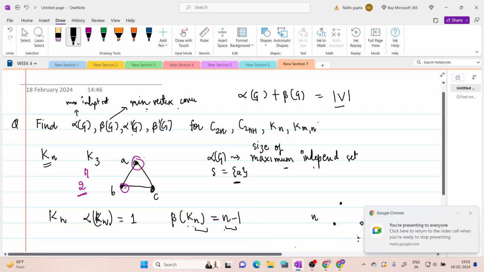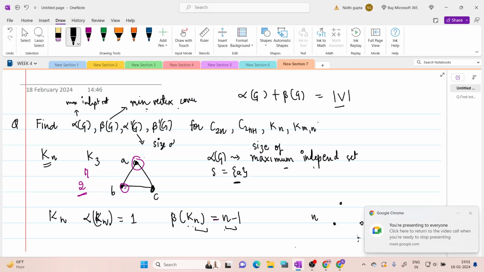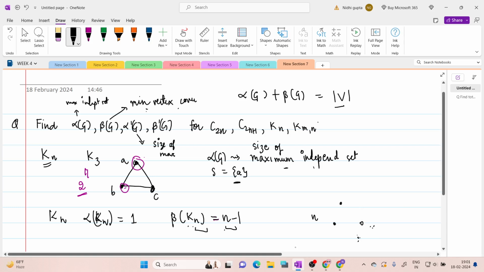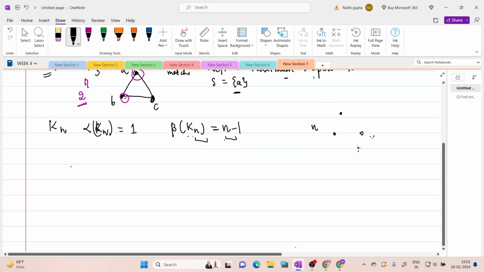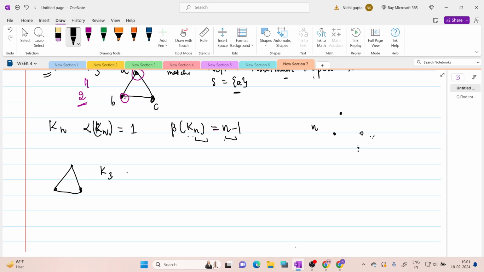Now alpha dash g, this was the size of maximal matching. Suppose I have this K3. What is the size of maximal matching here? It is 1.